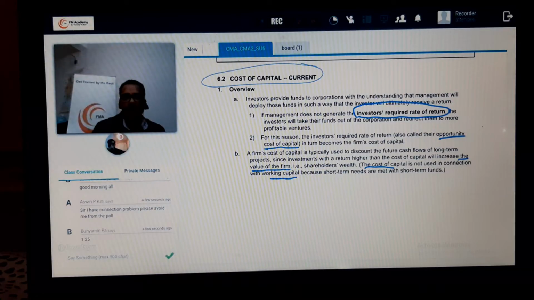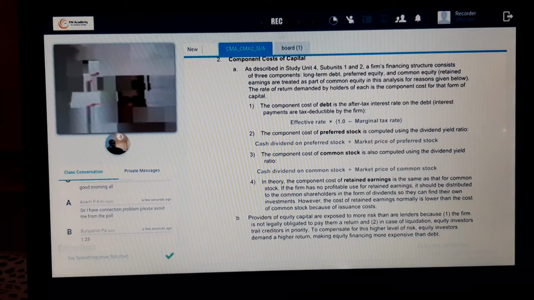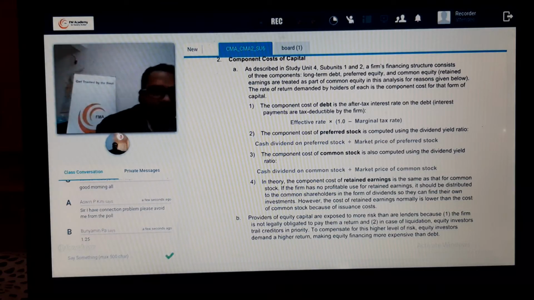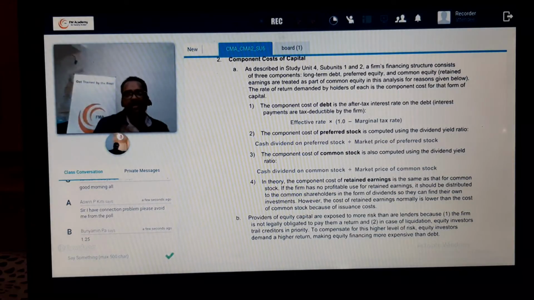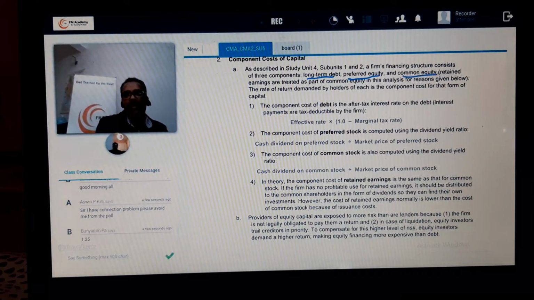Now, we have to learn the cost of capital for debt, cost of capital for preferred stock, cost of capital for common stock, and cost of capital for retained earnings. These are the sources of long-term finance. This is the capital structure, the components of the capital structure: long-term debt, preferred equity, common equity including retained earnings.